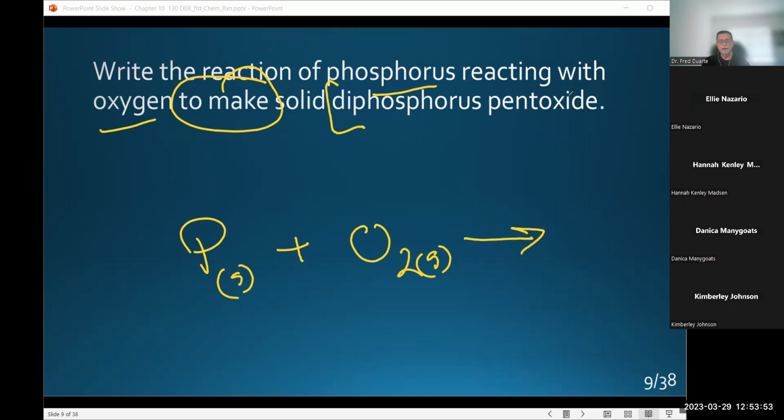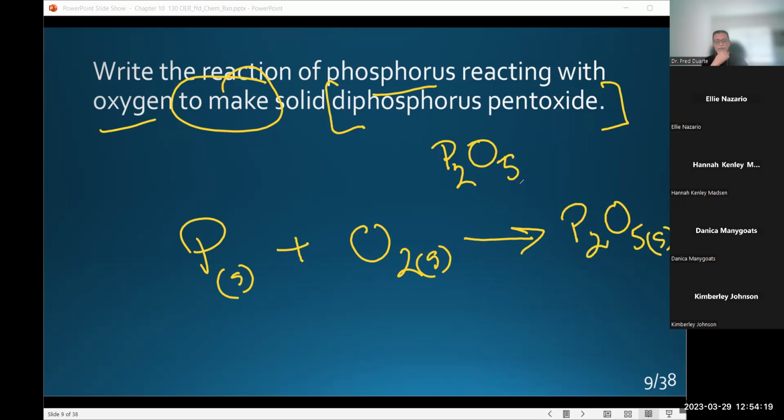And there's the product, diphosphorus pentoxide. All right. So here we first write the parent formula, which is phosphorus and oxide. And then we go back and put in the prefixes. So it's di, phosphorus, and penta, which is 5. So we got P2O5 solid. Okay.